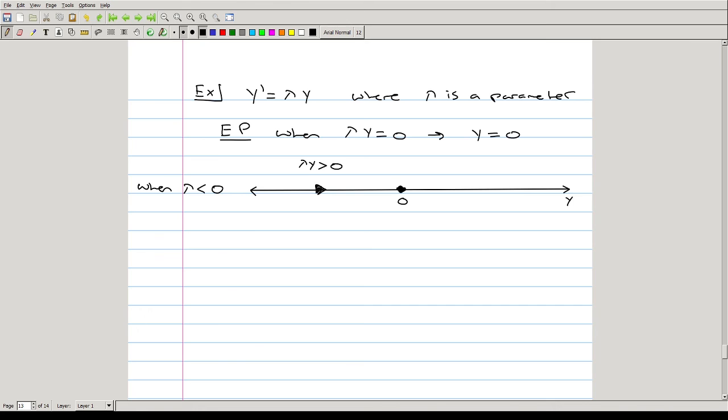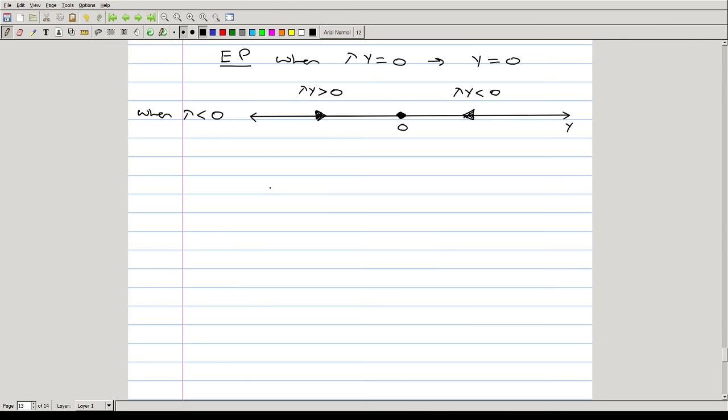And when y is greater than 0, lambda times y is going to be negative. And this is why 0 ends up being an asymptotically stable equilibrium point when lambda is negative.